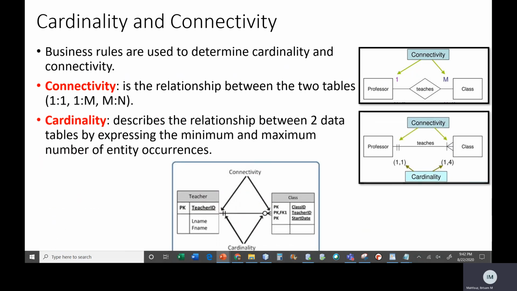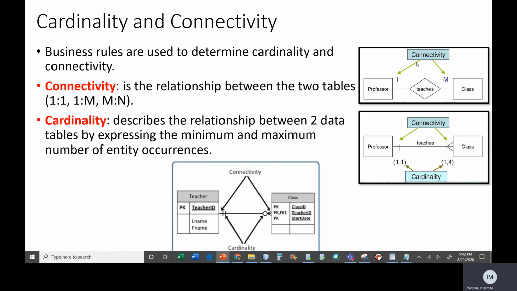Another word that you will see used in database land is cardinality. Cardinality is related to connectivity, but it's a little bit more specific. Basically what we want to do is express the minimum and the maximum number of entity occurrences. Remember when we were talking about those lines, so here this is a one-to-many.